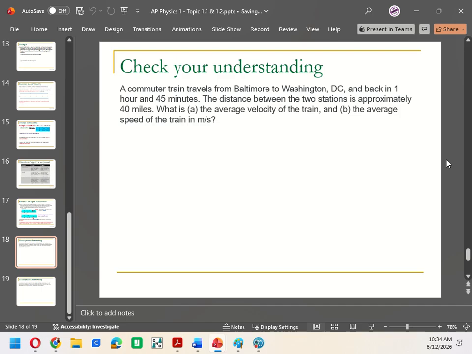It goes back and forth. Very good. So it starts in Baltimore, right? It goes there, and then turns around and goes back. Okay, that's important.